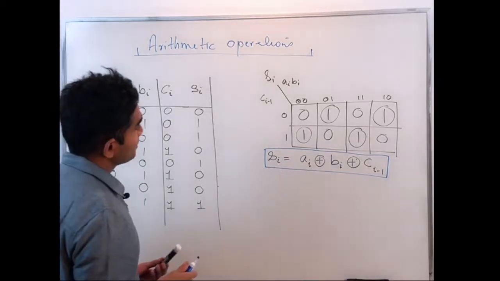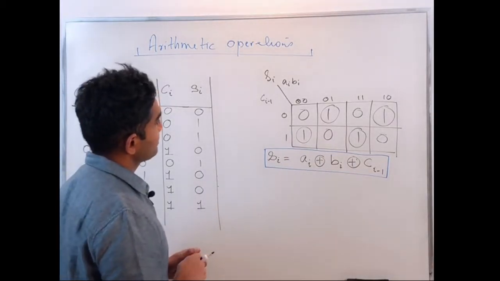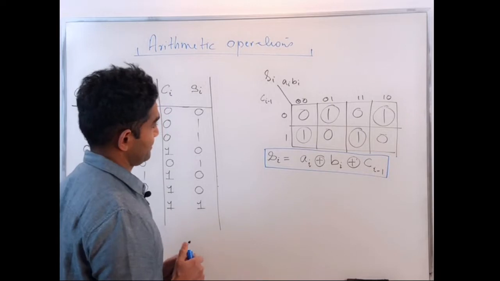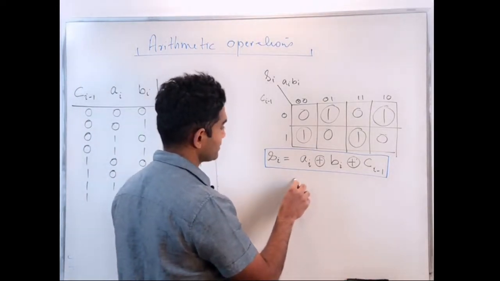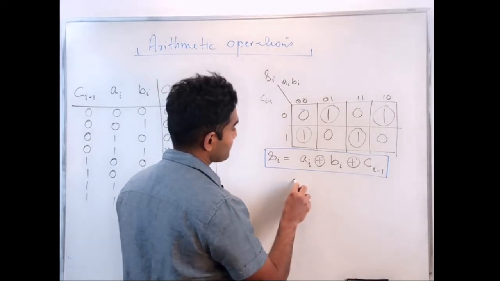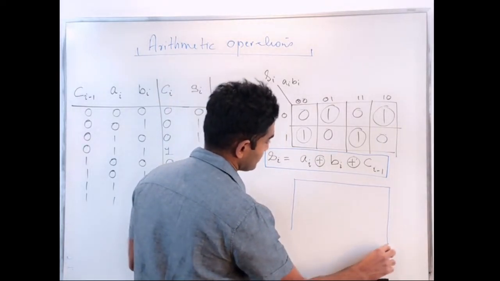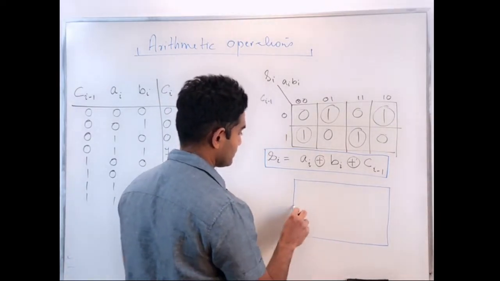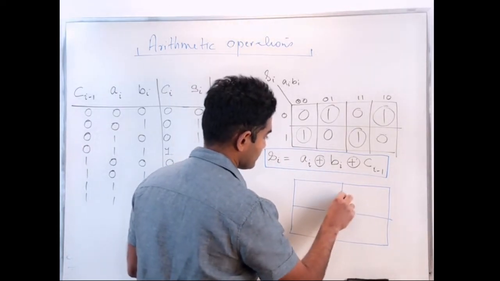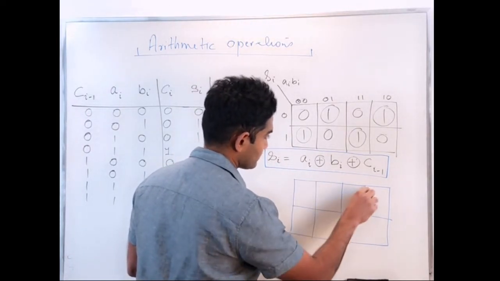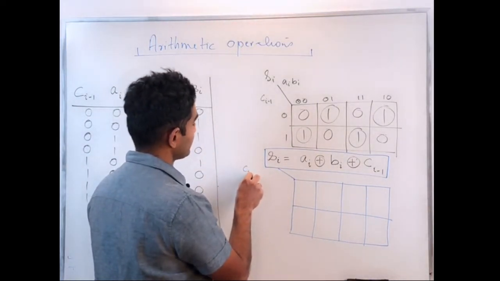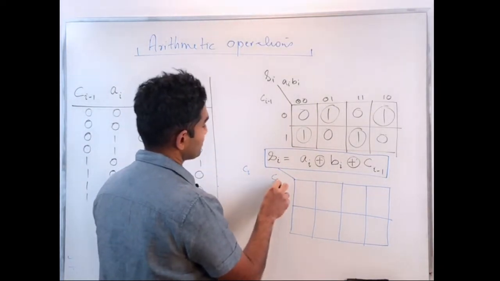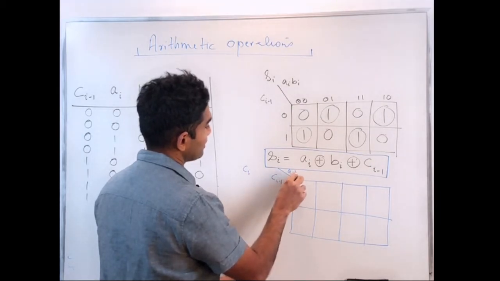All right. And let's do a similar thing for Ci. Another K-map, with Ci minus 1, Ai, Bi.